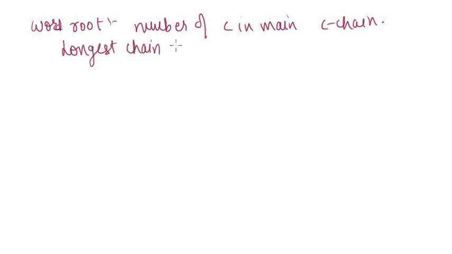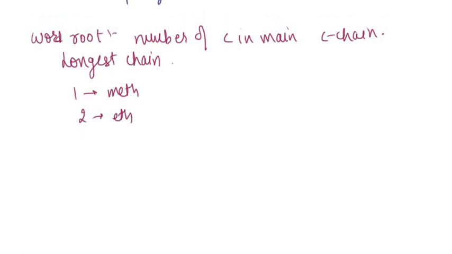The main carbon chain should be the longest one. So if we have 1 carbon, we call it meth. 2 carbon, eth. 3 carbon in the main chain, prop. 4 carbon in the main chain, but.